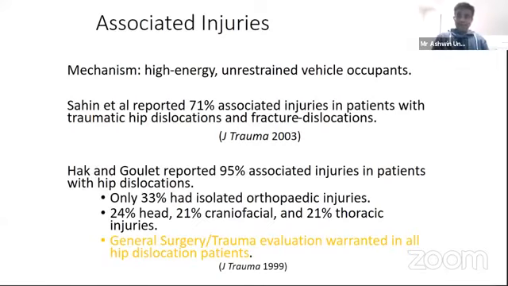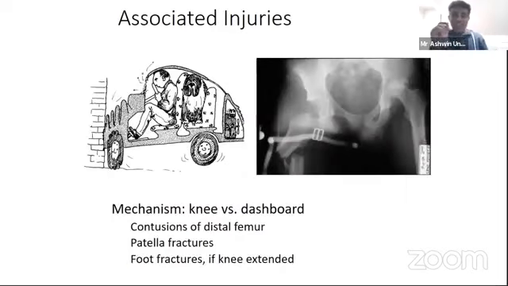Now, you will see the majority of hip dislocations in young patients, and I keep on saying young hip because in an elderly population, the energy associated with hip dislocation is not massive.